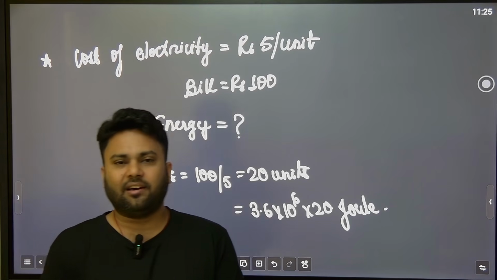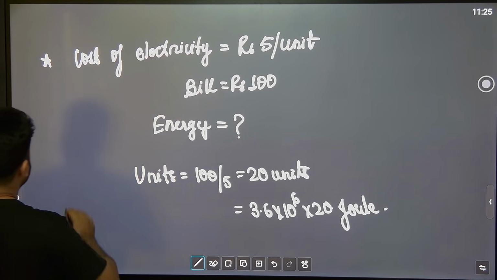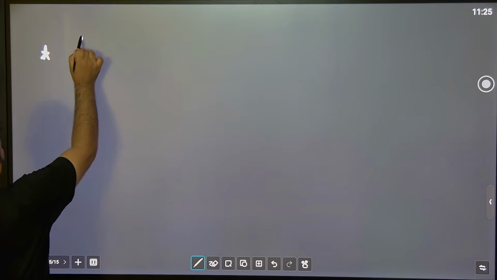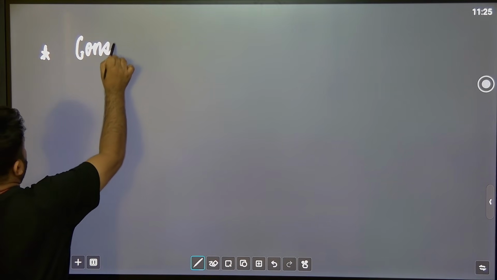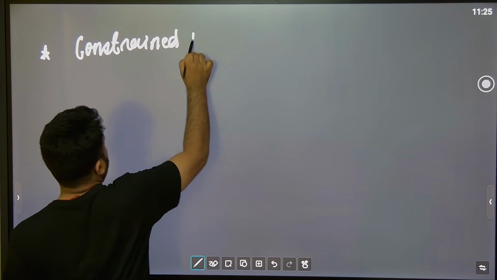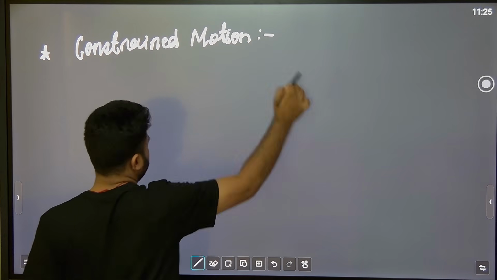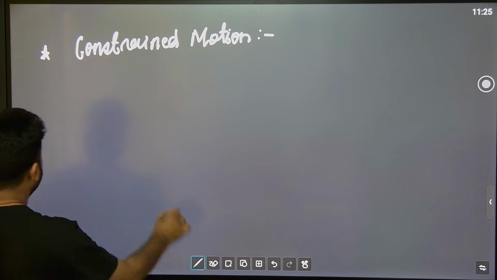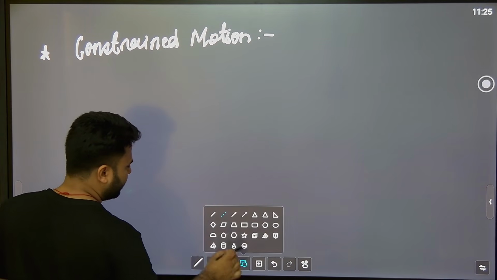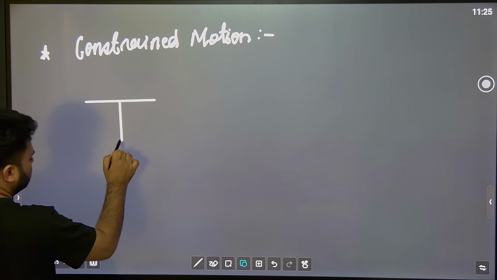Let's move to the last segment, that is constrained motion. Now what is constrained motion? See, for example, here we have one pulley kind of arrangement.